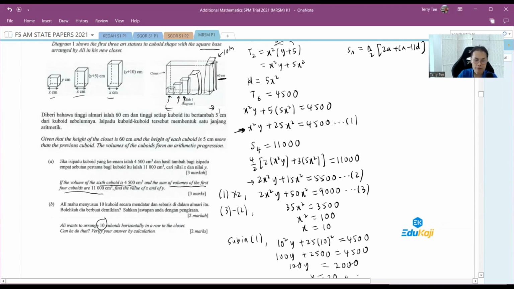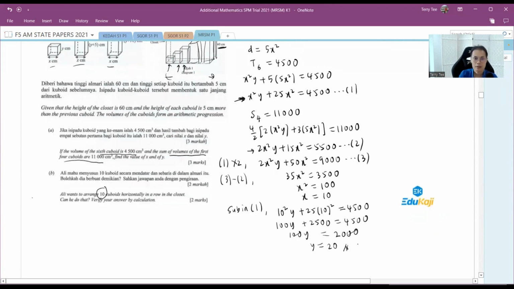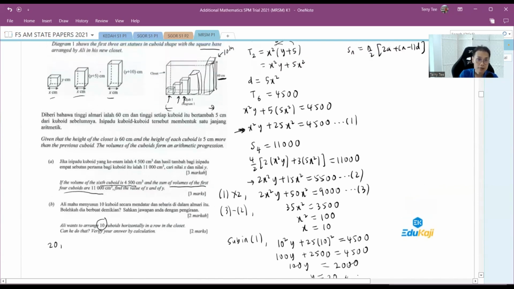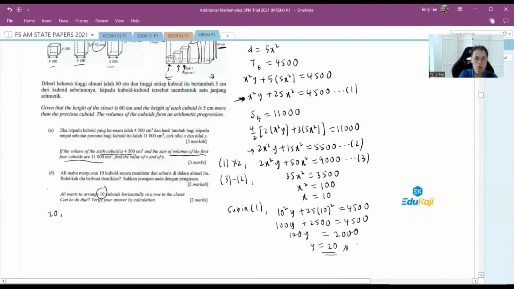Okay, now that I know the first height, right? The first height, y, is now 20. So 20 is the first one. And my common difference, sorry, my common difference is 5. This is volume. My common difference from here, you can see, is just 5, increased by 5. So my a is 20, my d is now 5.